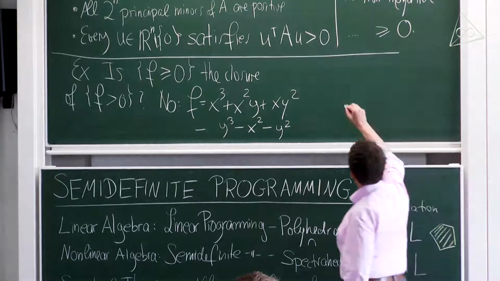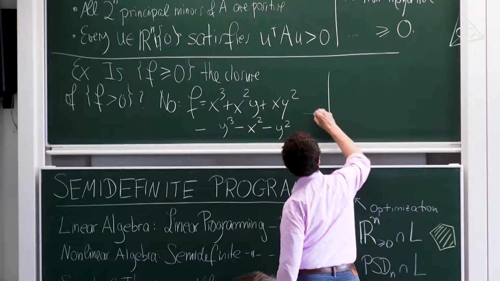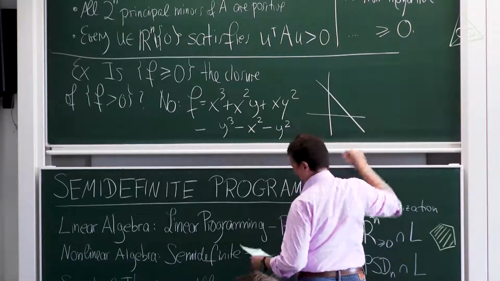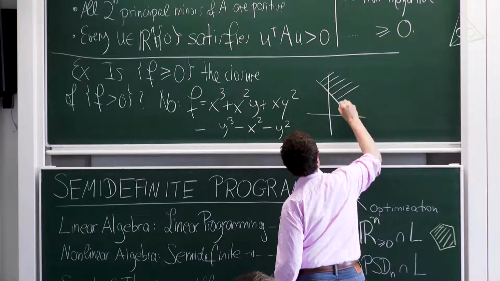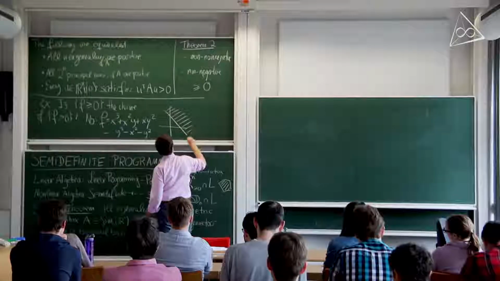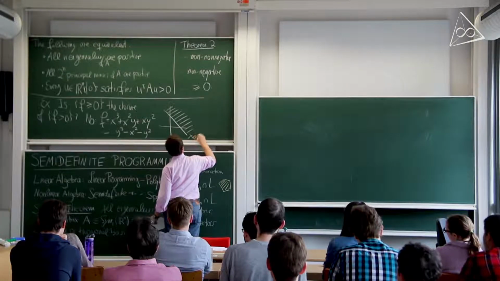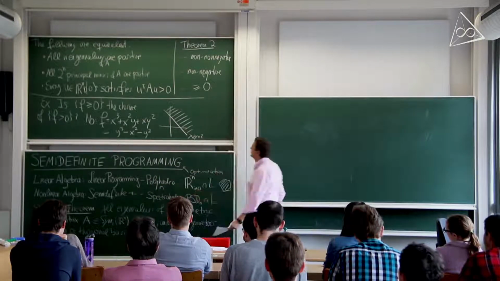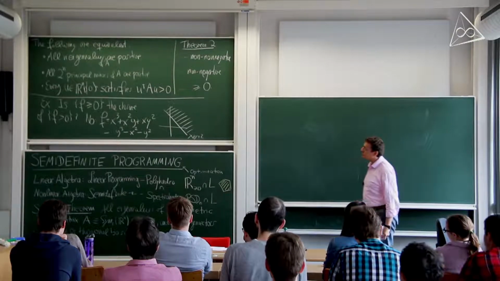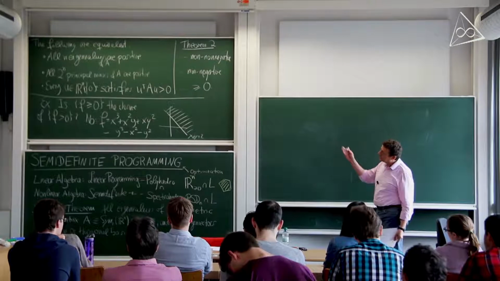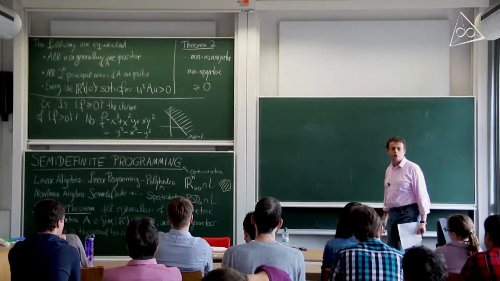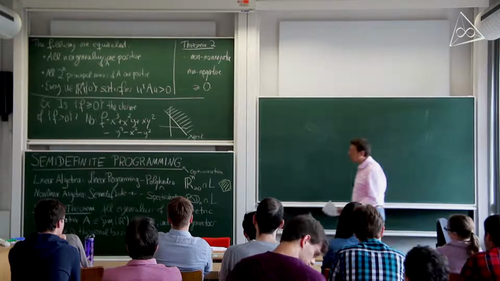Well, it turns out that this polynomial defines a half space. You can factor this. So this defines the half space of all points that are strictly above the line where x plus y is equal to 2. I've written this in a way that does not show the factorization, but in fact it factors.